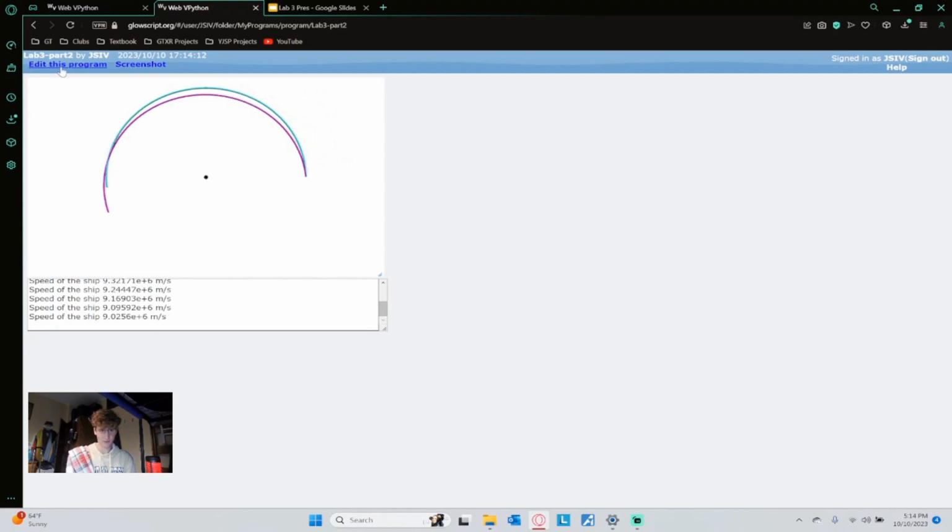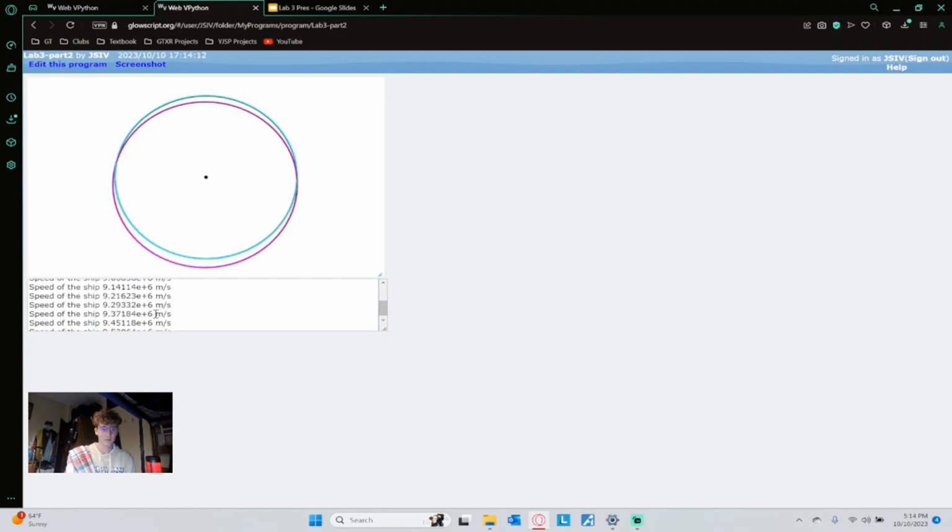This orbit takes around 3 hours to complete if we just wait for the simulation to be done. Just a second here. You can see the initial speed and velocity of the ship right here.